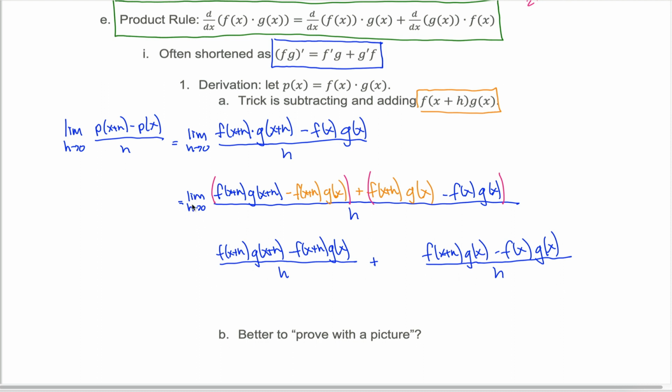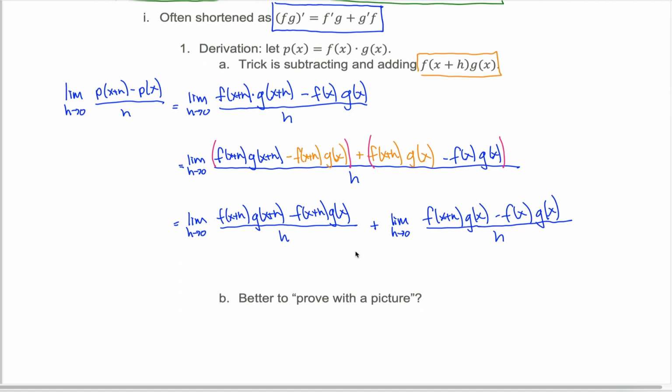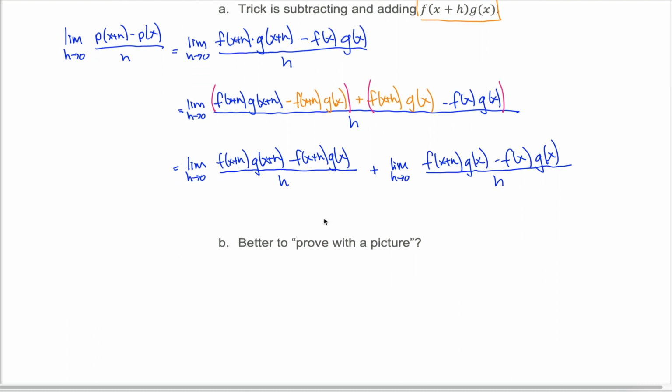So really I have the limit as h approaches 0 of all this stuff, but referring back to limit laws, that topic that I glazed over many videos ago, one of the laws tells you that if you're taking the limit of something plus something, you can change that to the limit of the first thing plus the limit of the second thing. Doesn't look like we're getting anywhere, but we're actually really close to the final answer.